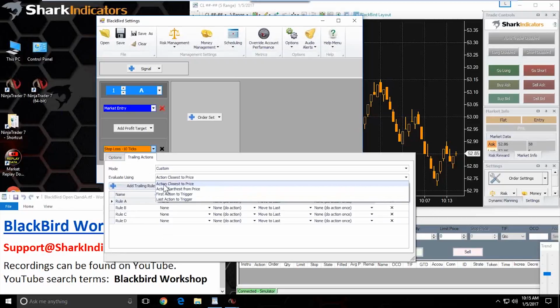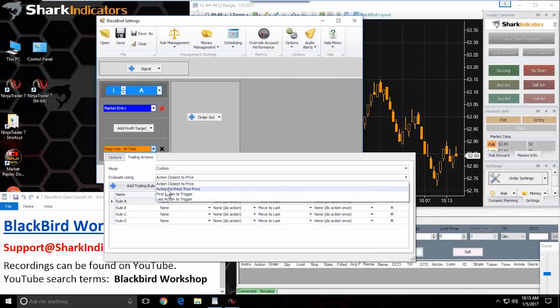So the default setting is action closest to price, and that will keep that stop loss as tight as possible. Whichever of these four rules makes the tightest stop loss is the rule that will have priority and will get executed over the other three.